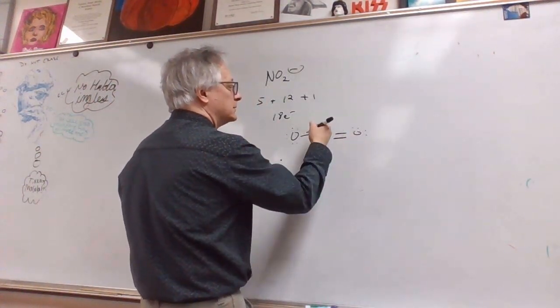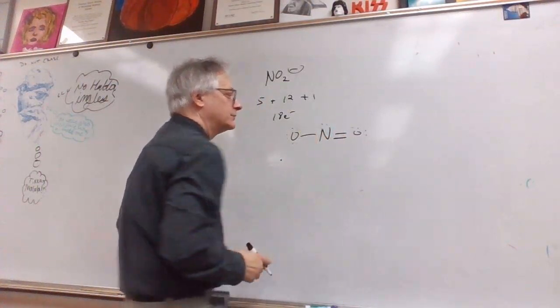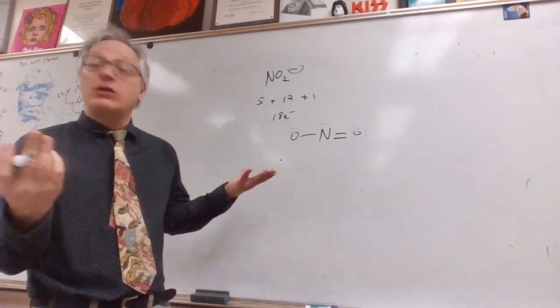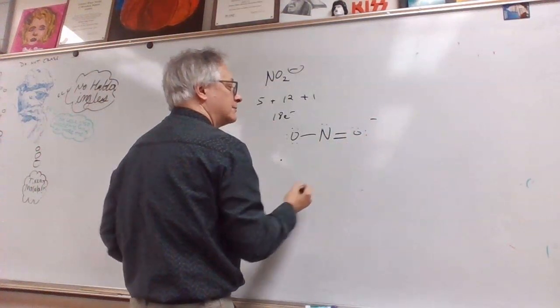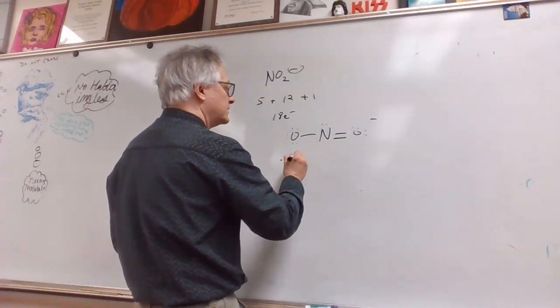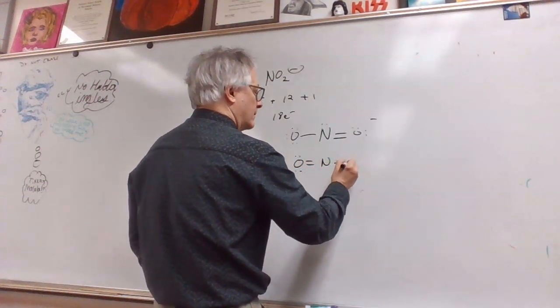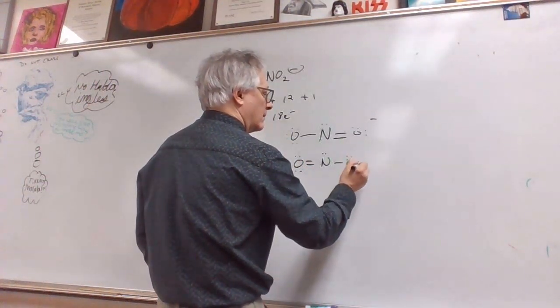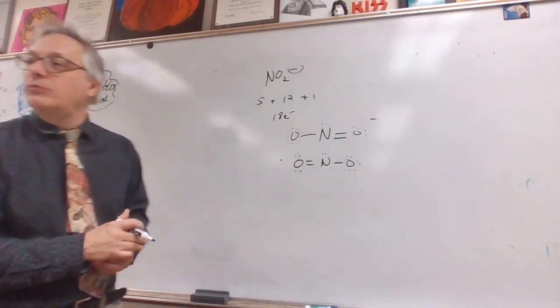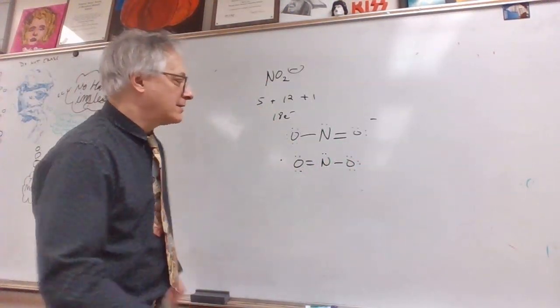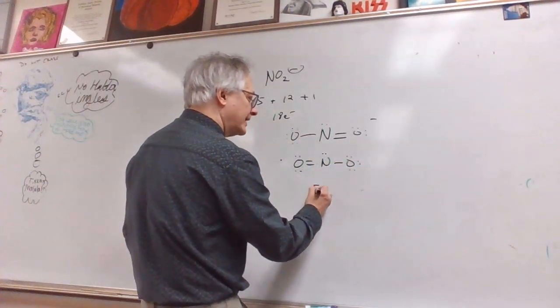So I can do this. 2, 4, 6, 8. So there you go. There's a good structure. That's a -1 charge. Also has a resonance structure. Now let's see if we can calculate the formal charge for the central atom here. Nitrogen has 5 electrons.